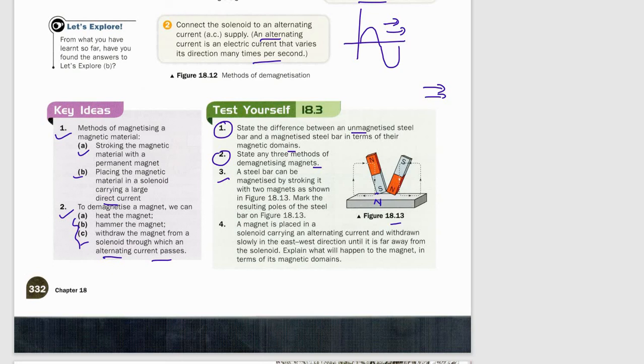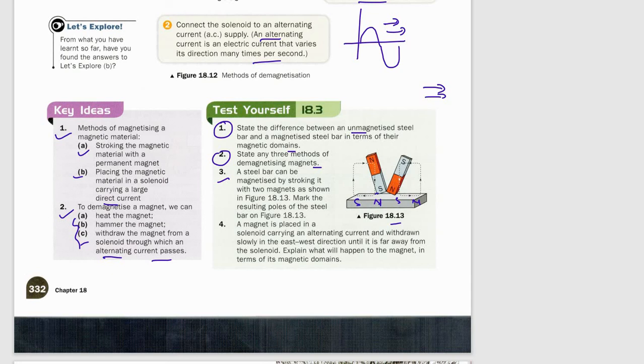Also see the direction of the magnetic field. So this will be the polarity: it will be generating the north pole on this side.